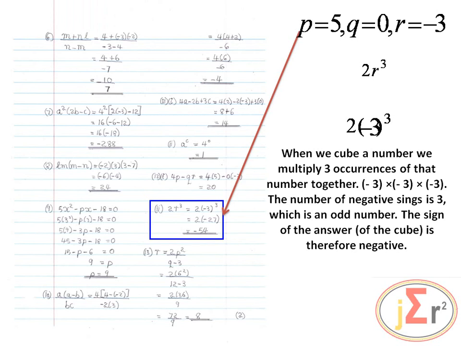I think I've done on a previous occasion an explanation in a video that says when we have a negative number, odd powers of that negative number will be negative and even powers will be positive.